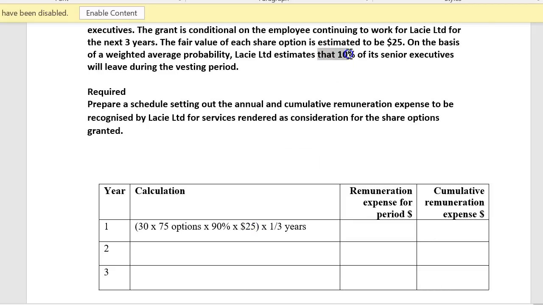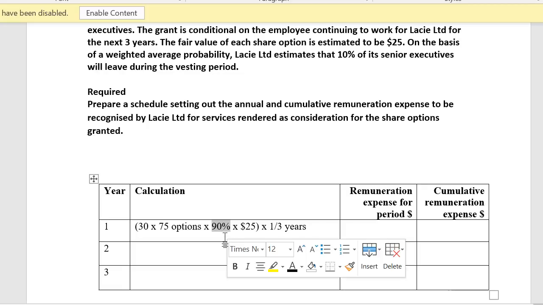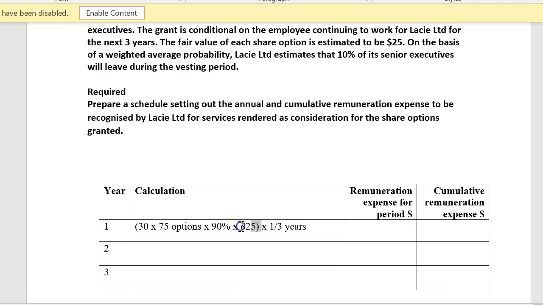The estimated 10% will leave during the vesting period, which means only 90% will be eligible to exercise the options. Now this is the total remuneration expense, right? What you need to do is divide that by 3, because each year you record 1/3 of the remuneration expense. That's it.